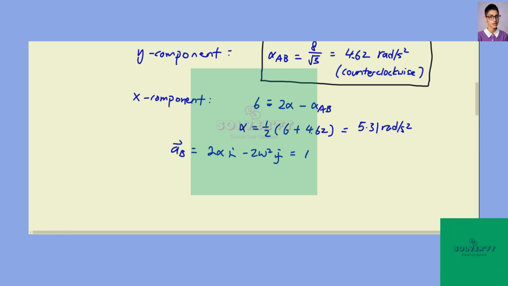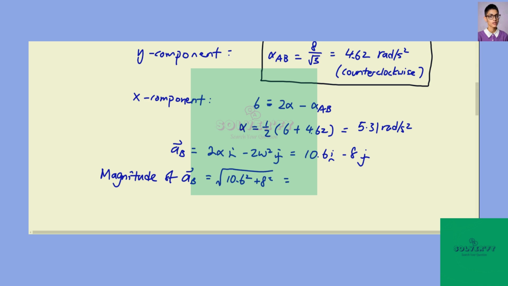The magnitude of aB is equal to the square root of 10.6 squared plus 8 squared, which is 13.3 meters per second squared.